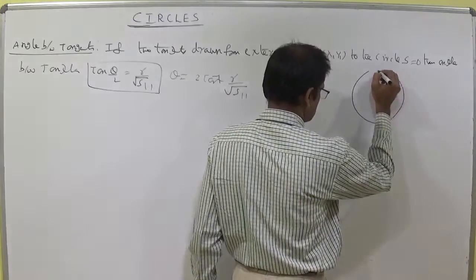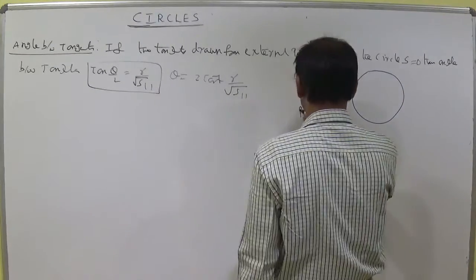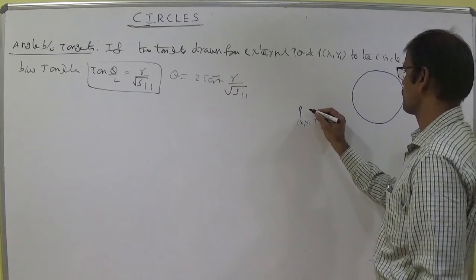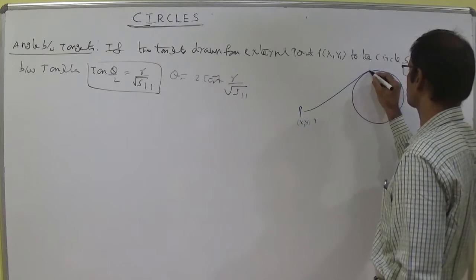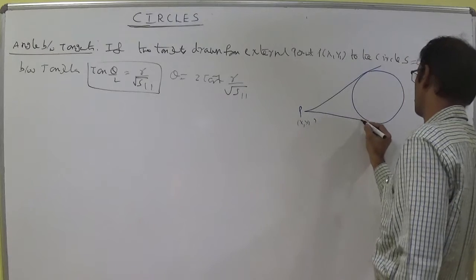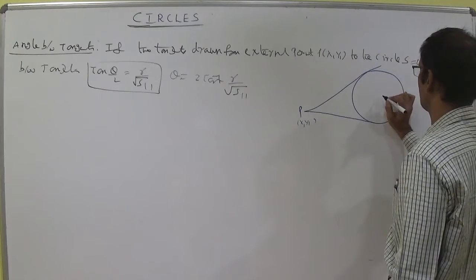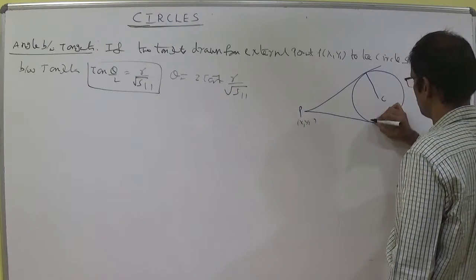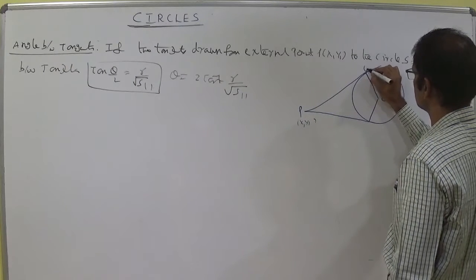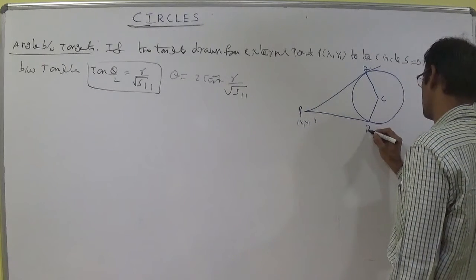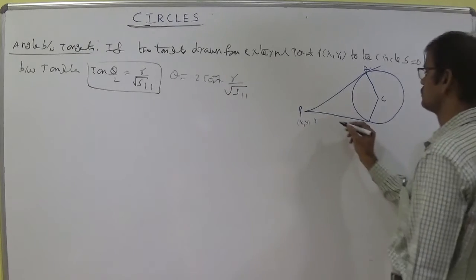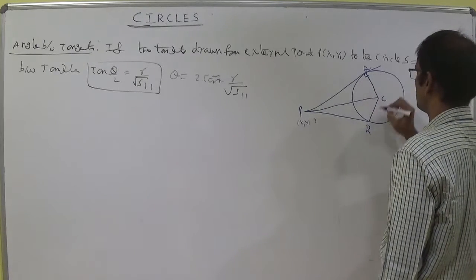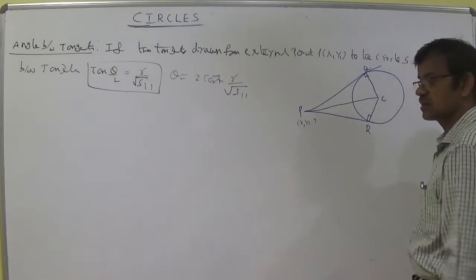Draw the circle like this. Let P(x1, y1) be an external point here. Put here, this is a center C. Draw like this. This is Q and this is R. Put here, this is a right angle, because angle in semicircle.